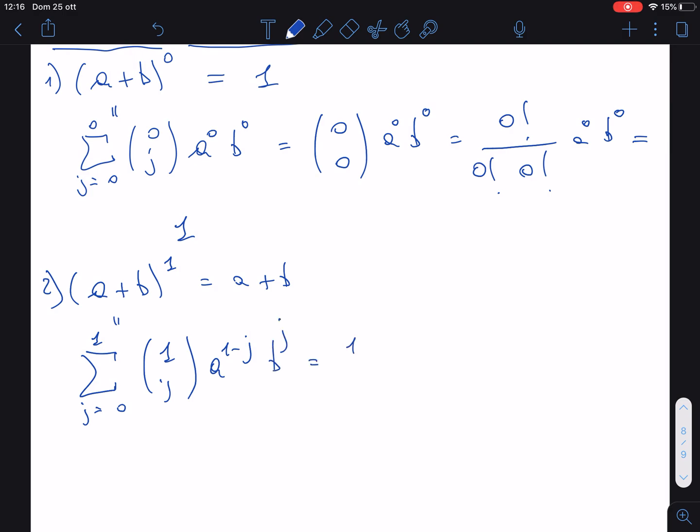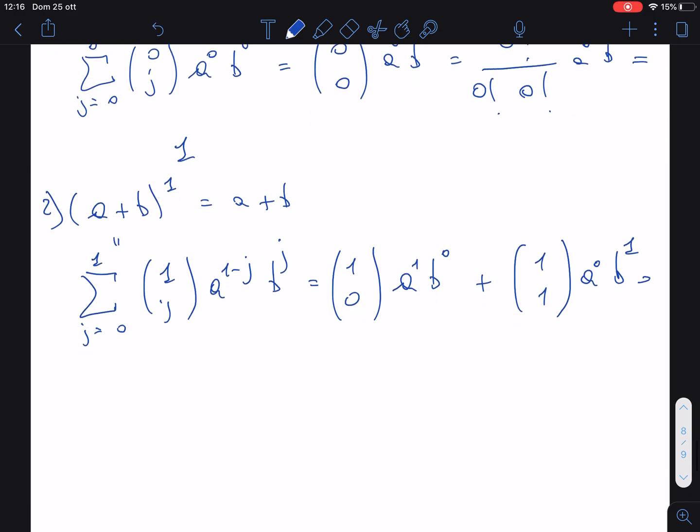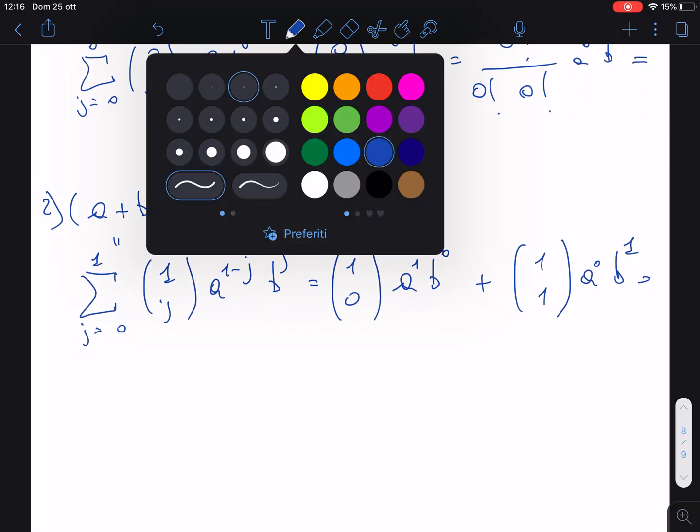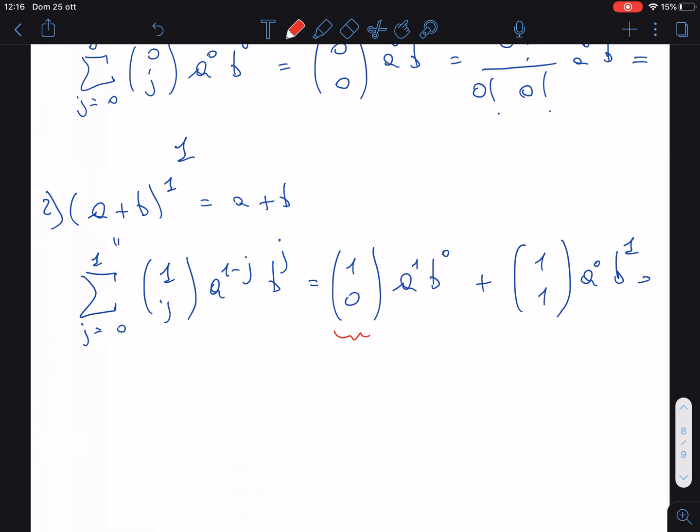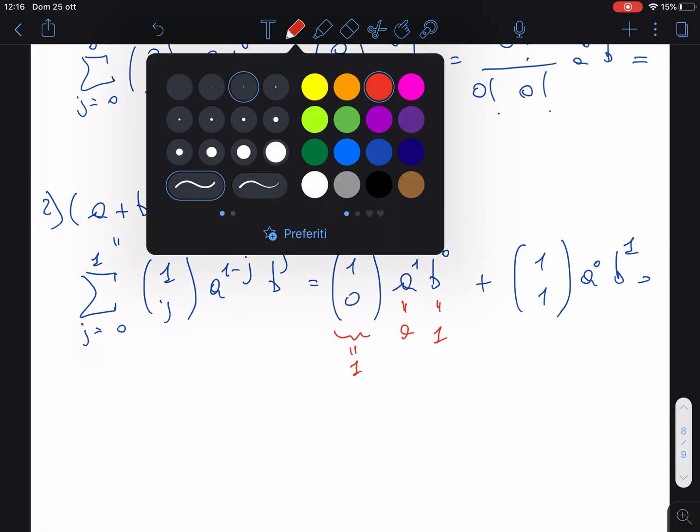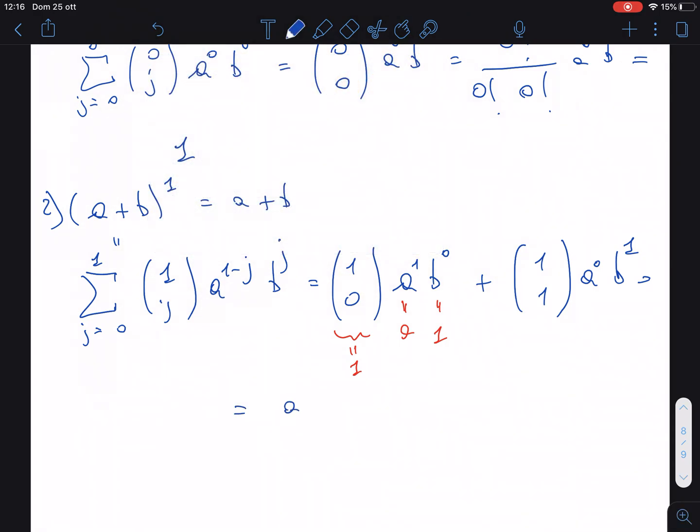And this is like saying (1 choose 0) a to the 1, b to the 0, plus (1 choose 1) a to the 0, b to the 1. Okay, (1 choose 0) is equal to 1, a to the 1 is equal to a, this is equal to 1, and analogously here, so we end up with a + b.